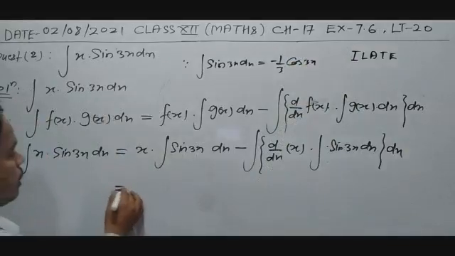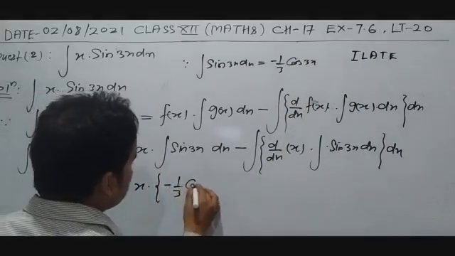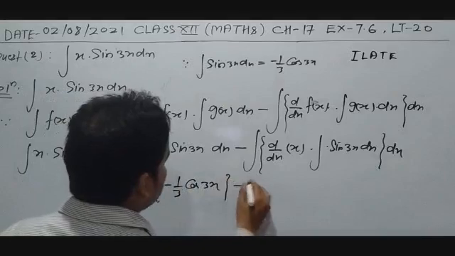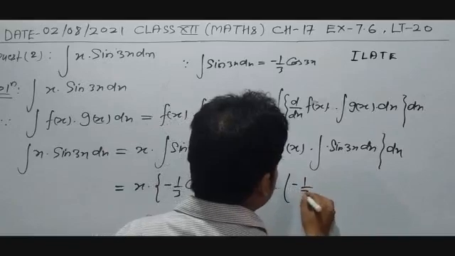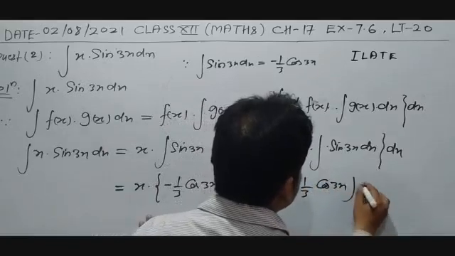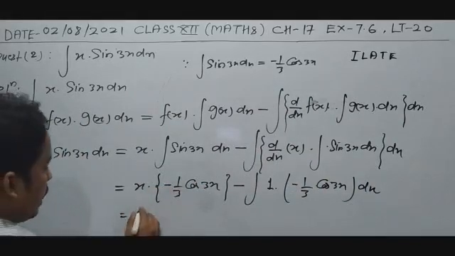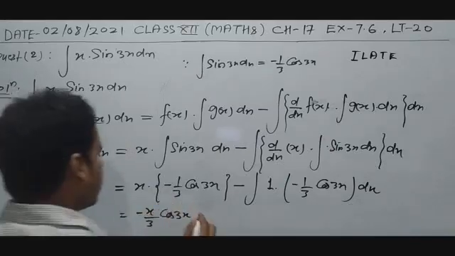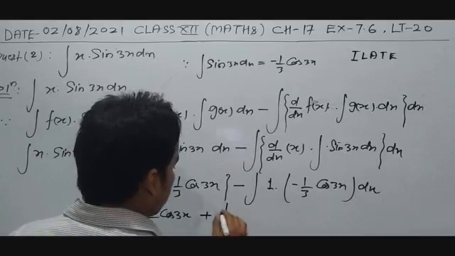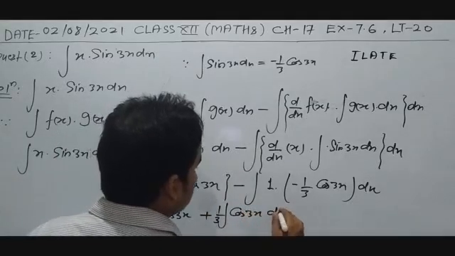So the result will be x times minus 1 by 3 cos 3x, minus the integral of d by dx of x, which is 1, times minus 1 by 3 cos 3x, dx. Integrating again, the answer is minus x by 3 cos 3x plus 1 by 3, outside the integral, times the integral of cos 3x dx.